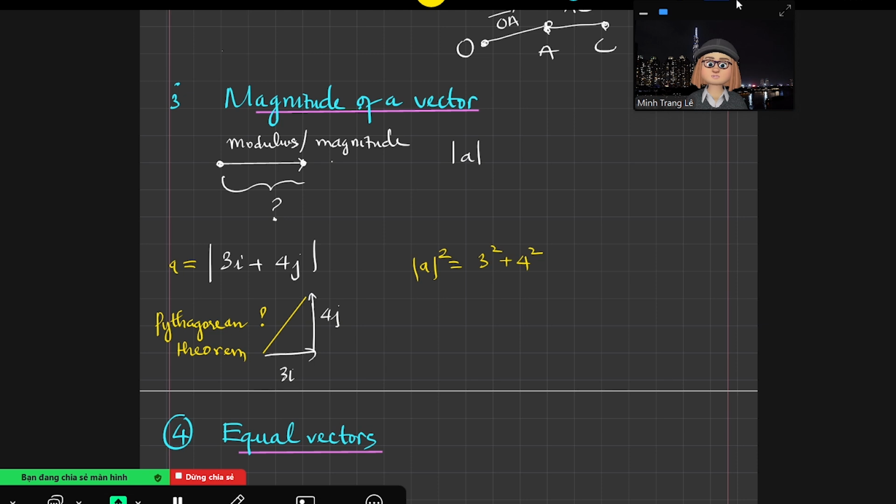Solving this equation, we find the magnitude of the vector to be 5 units long. In real life, magnitude is frequently used to find the distance from a starting point to a destination, like in GPS systems.